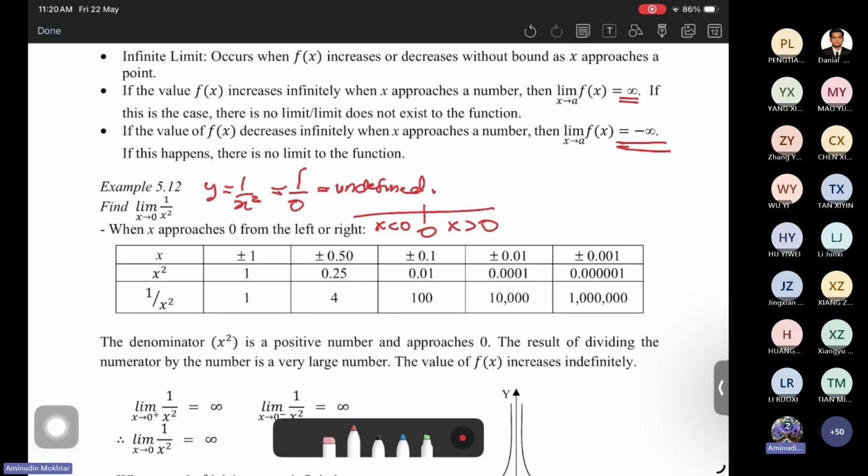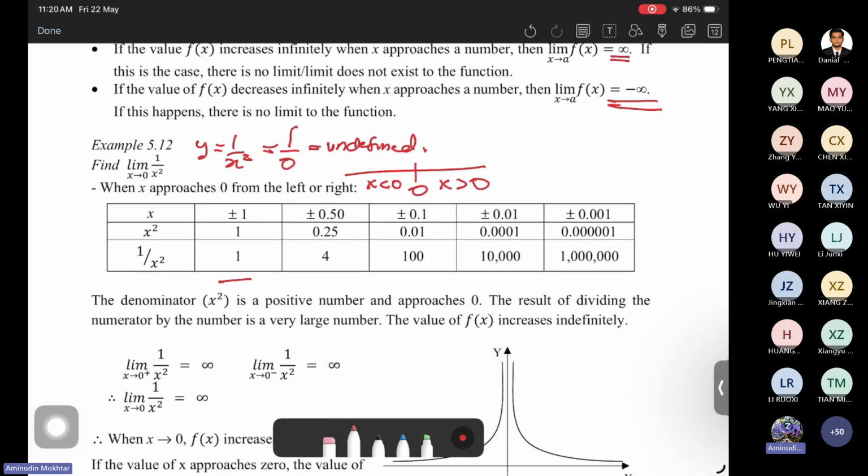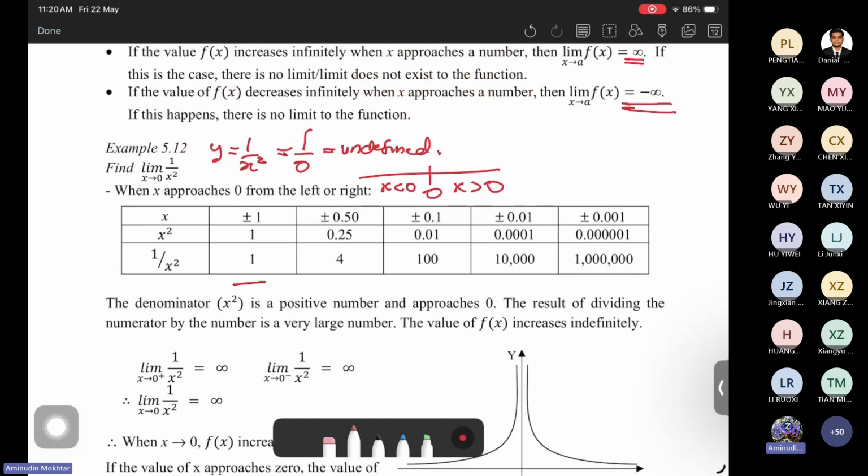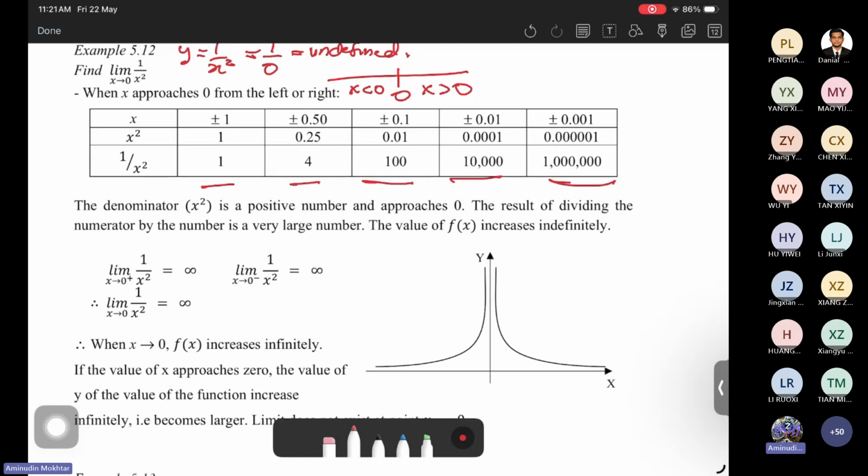If we substitute all these values into the function, the value of y will increase infinitely when x approaches 0, whether from the left or from the right, based on the graph or this table.